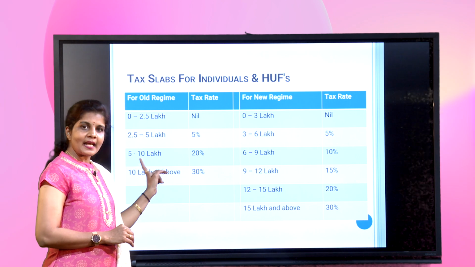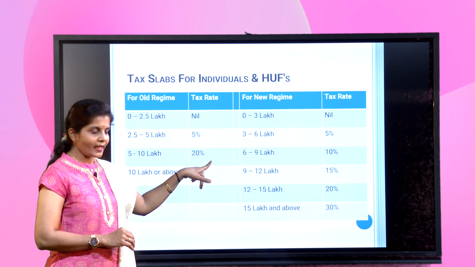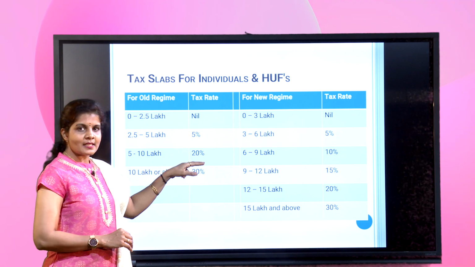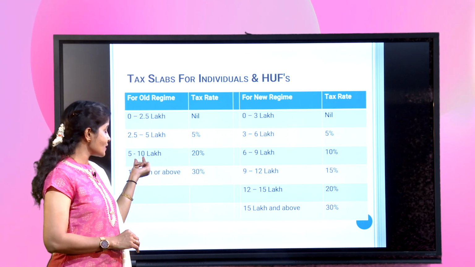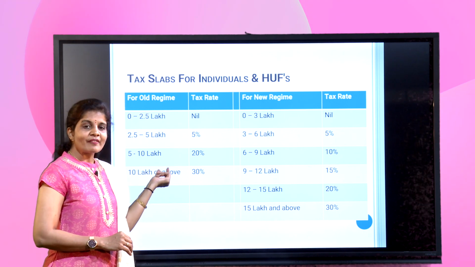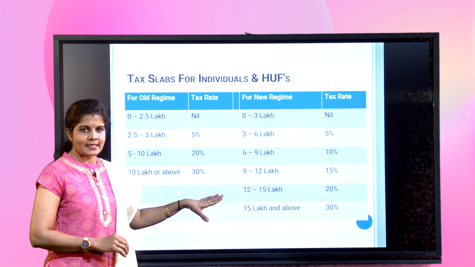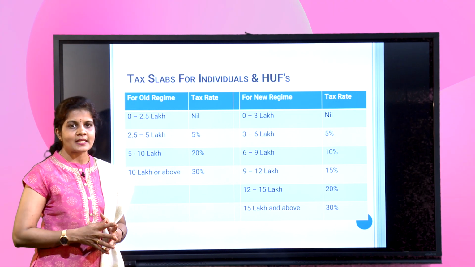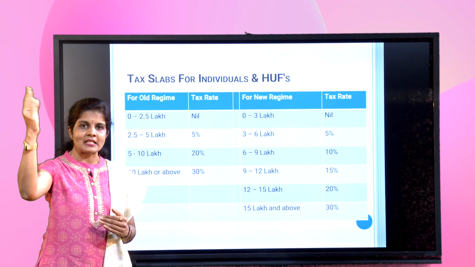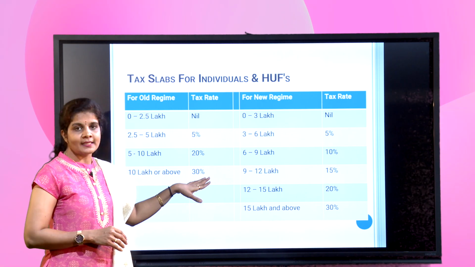From 5 lakh to 10 lakh, it is 20%. Directly from 5%, it increases to 20% for the slab of 5 lakh to 10 lakh. For those with an income of more than 10 lakh rupees, irrespective of the level above 10 lakh, they have to pay a tax rate of 30%.